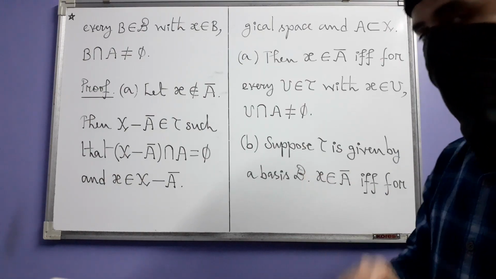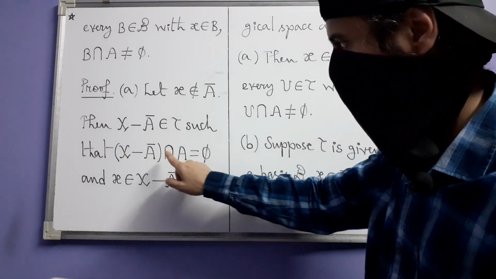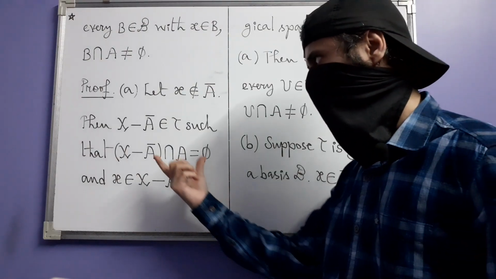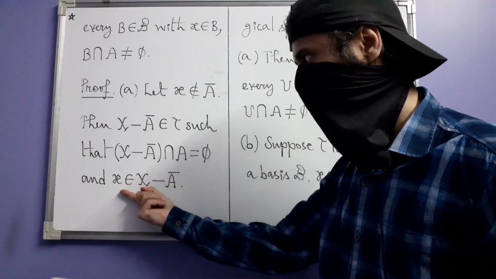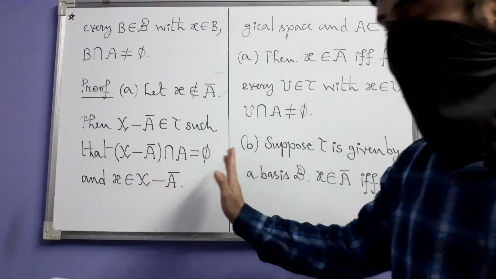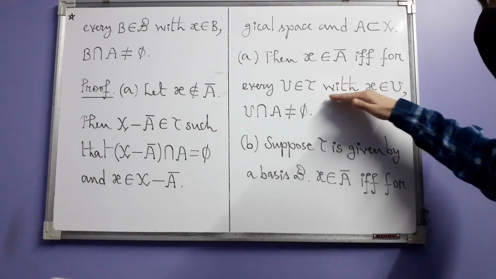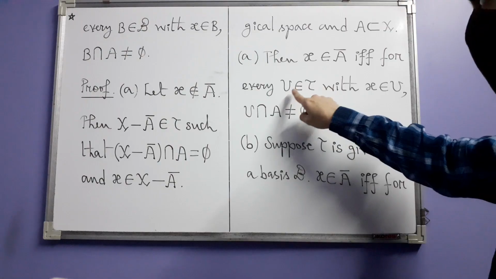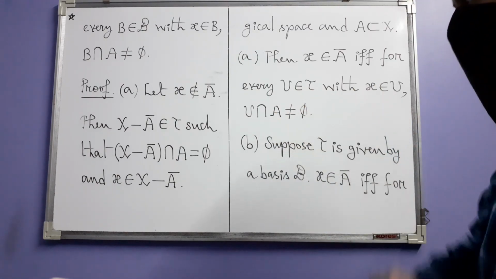And something else is also true, namely that this complement does not intersect A. So we have found an open set in the topology which contains x but which does not intersect A. So is that not the negation of this condition? This condition says that every open set U in tau which contains x intersects A.